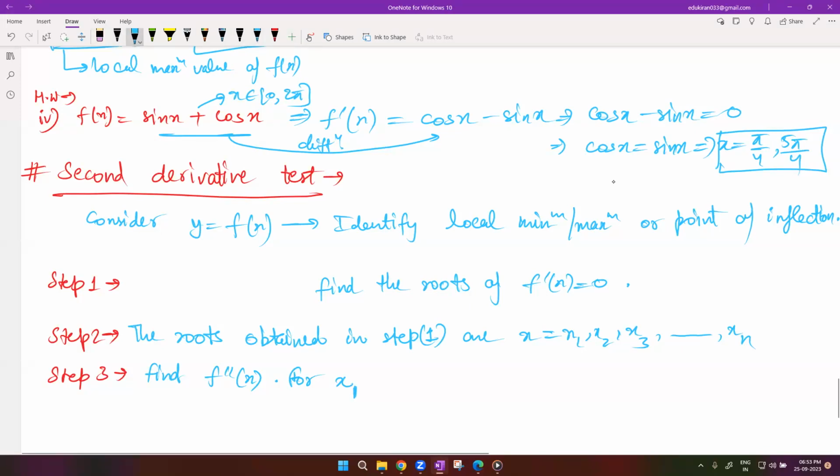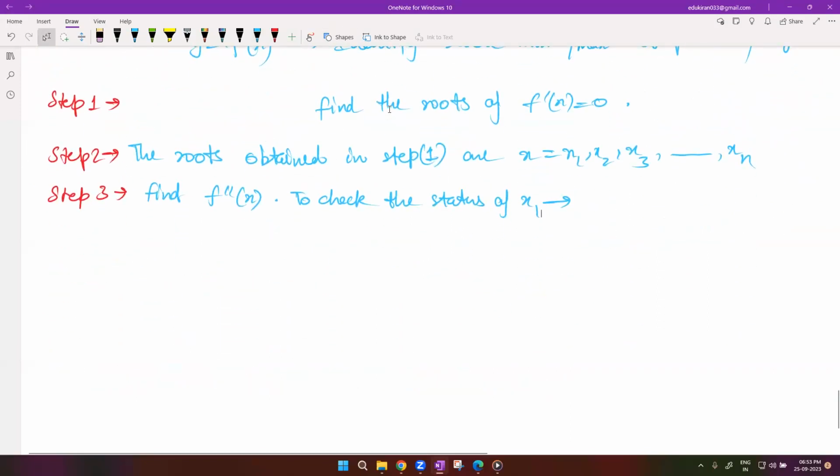To check the status of x1, put x1 in this double derivative part, f double dash x.